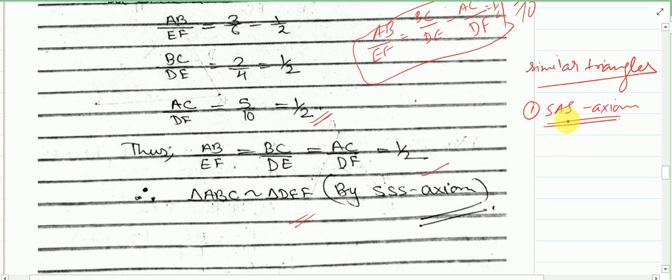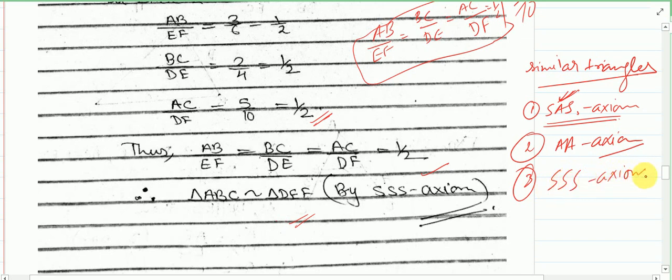By this axiom you can say the given triangles are similar when you see that sides including one equal angle are proportional. Then second condition we saw that angle angle angle, okay. We say that given two triangles are similar if you could see that two angles are equal. Third one, side side side axiom. We could say that two triangles are similar if all the sides are proportional, okay. So these three conditions are important and you should understand, okay.